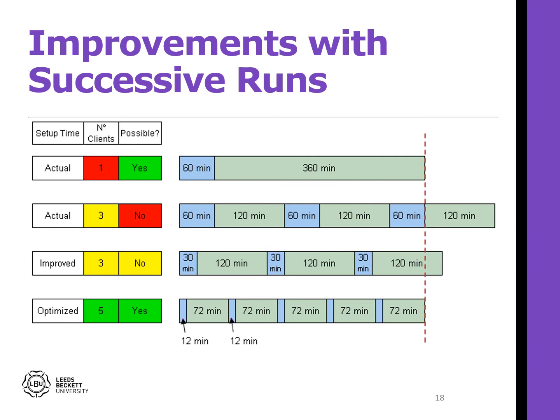In fact, if we can reduce it to a 12-minute setup time, in this scenario we only have to run the machinery for 72 minutes to pay off that 12-minute setup time. And that means that we can actually make 5 customers happy, customers A, B, C, D, E. It'll get them the product, whereas it could take days before customer E gets one of their products.